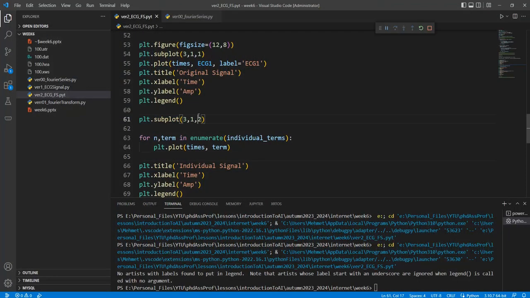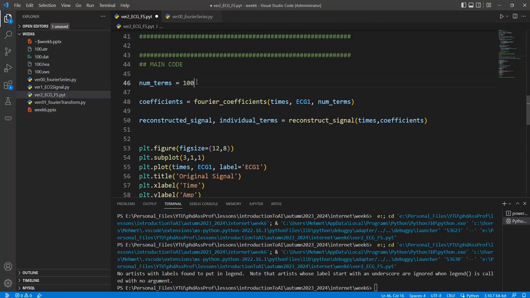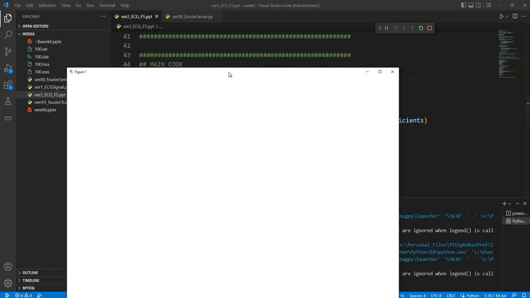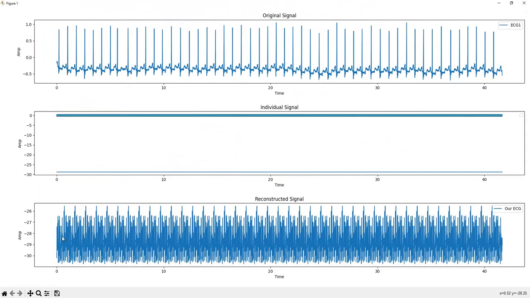But if I increase the num terms like this one, this signal is also in an improper form, right? Because we have 4000 data points, or 440 seconds of values, that should be represented in one form.